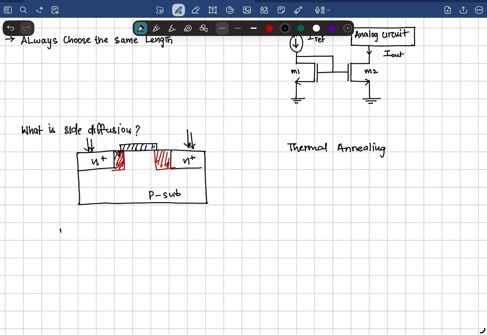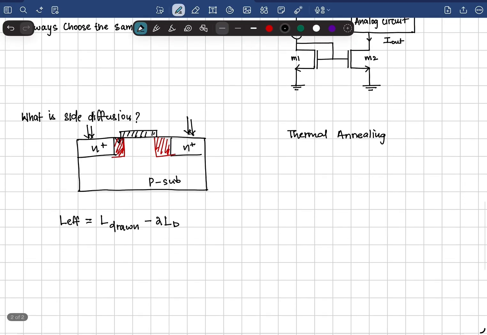This is why the effective length is given as the drawn length minus twice the lateral diffusion distance of the dopant under the gate on either side. I mean, on one side.